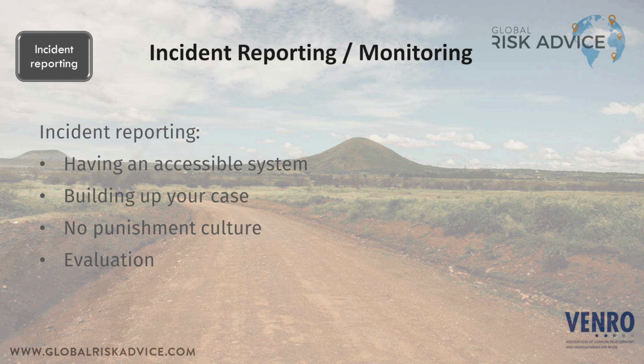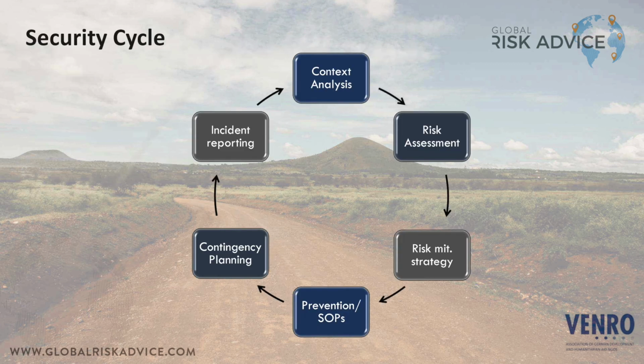So incident reporting and monitoring is essential for the security cycle to keep working and to keep your staff and, well, guests safe, working with you and trying to improve it every time you go back on the road, back up to your projects, that they know, we improved this the last time, or we shared information with the other organizations and we know we have to avoid route A because there are some carjacks, so we can now use route B. These 6 steps of the security cycle, so context analysis, risk assessment, risk mitigation measures, SOPs, contingency planning, and incident reporting.